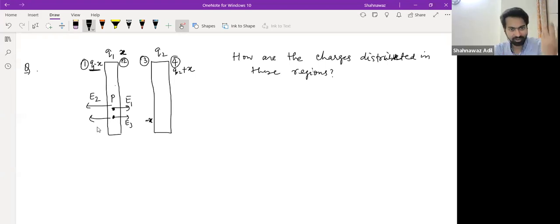Right or left? Is that correct, Faiza? Left or right? Left. Correct. So we know that how many electric fields are there? 4. And all will contribute to give what?